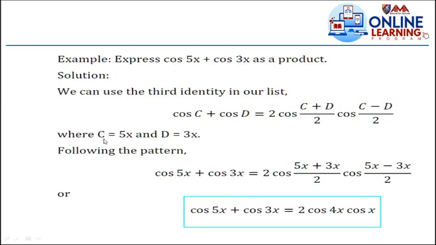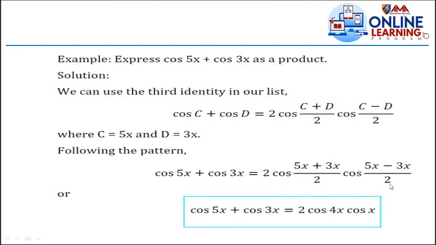Okay? So, where C is equal to 5x and D is equal to 3x. Following the pattern, cosine 5x, ito na siya, no? That's your C. Cosine 5x plus cosine D, which is 3x, is equal to 2 cosine 5x plus 3x divided by 2 multiplied by cosine 5x minus 3x divided by 2.